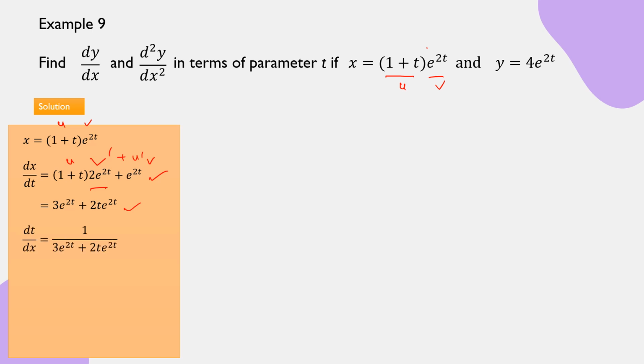Therefore dt/dx equals 1 over (3e to the power of 2t plus 2t e to the power of 2t). And then y equals 4e to the power of 2t, so dy/dt equals 8e to the power of 2t.